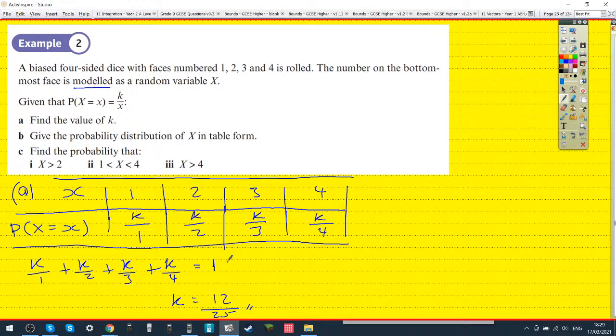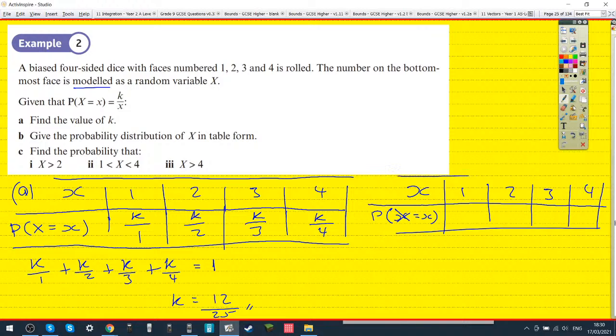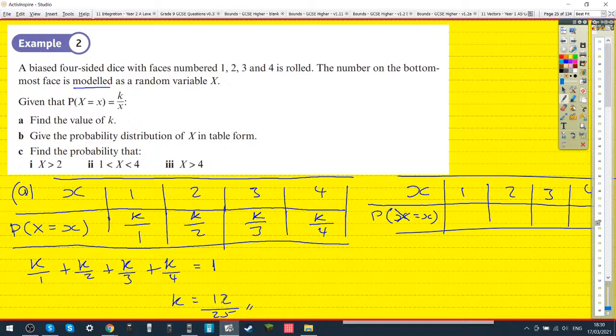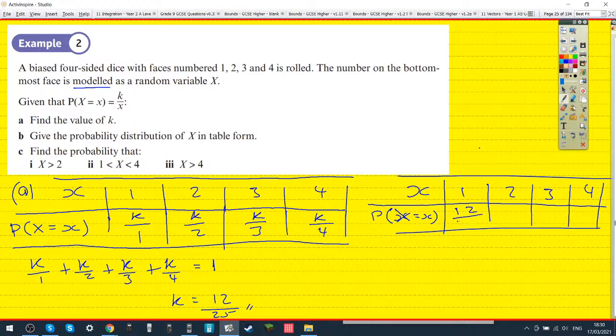Then give the probability as a table. And so how would we have to change our table? Not sure. You would now know what k is. So put k instead of. Yeah. And you can use your calculator. So put into your calculator 12 over 25 divided by 1. Anything divided by 1 is itself.